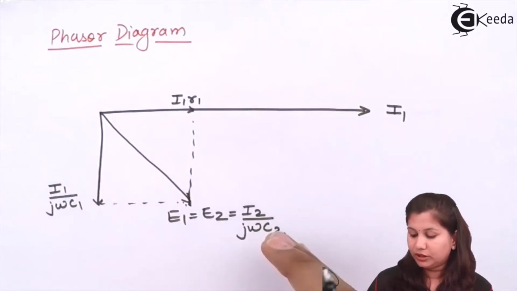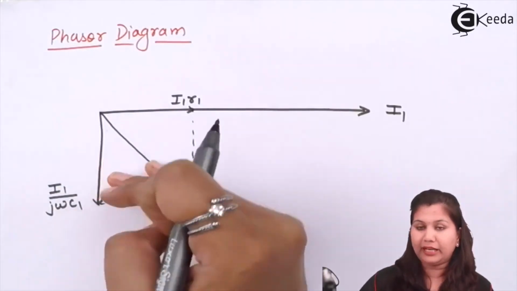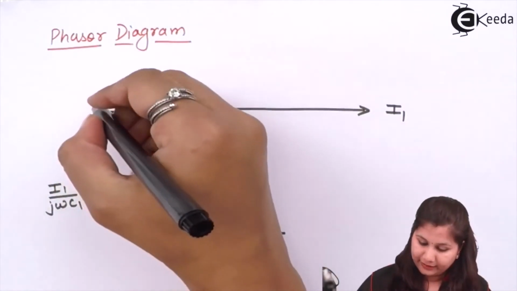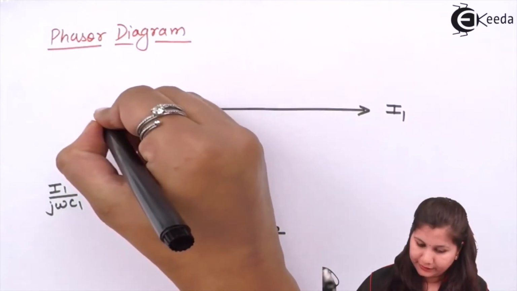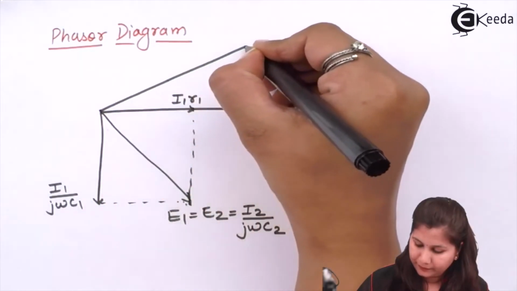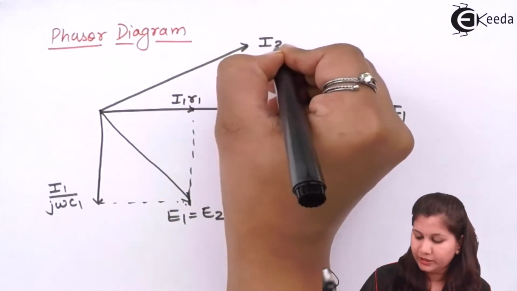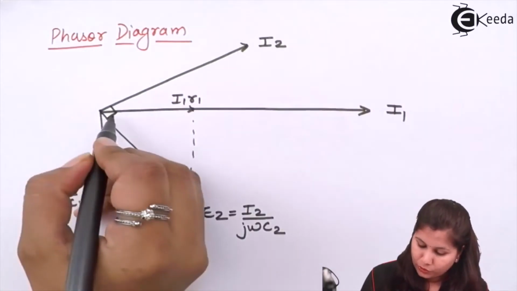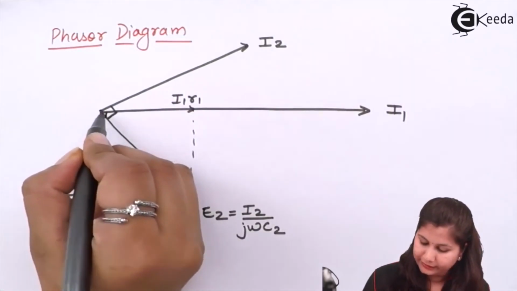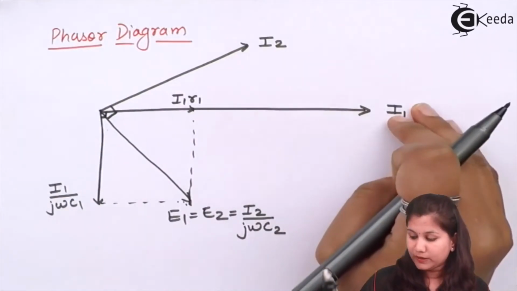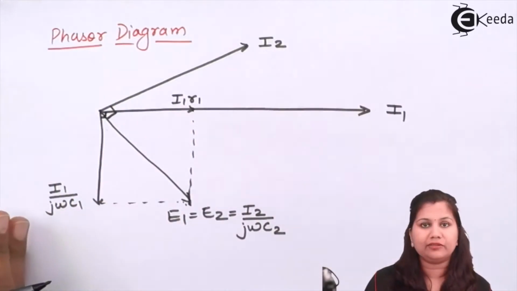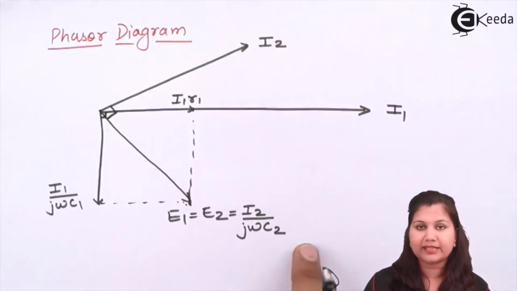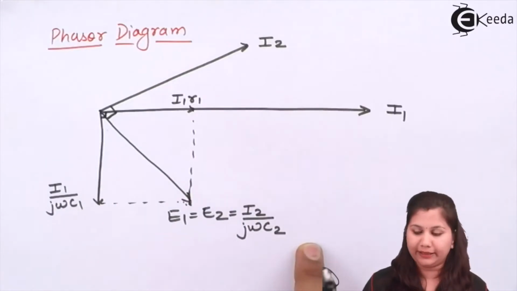Here we have drawn the voltage, so the current will be 90 degrees ahead of this. So at a 90-degree angle we are going to draw the current I2. This angle is 90 degrees, and this angle is also 90 degrees. Current I1 with j omega C1 is lagging behind it. Current I2 upon j omega C2 is 90 degrees lagging behind it.